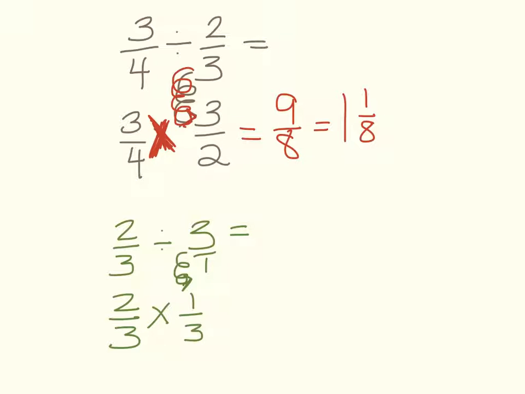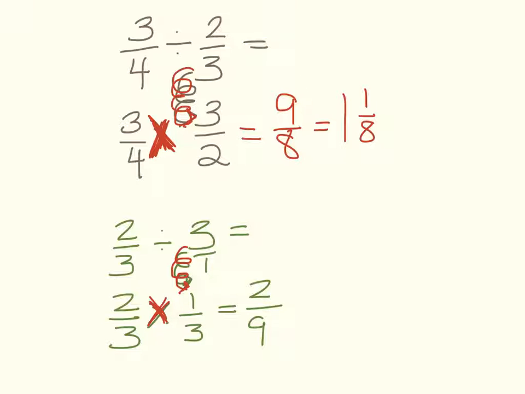And multiply. 2 times 1 is 2, 3 times 3 is 9. So again, to divide a fraction, flip the second and multiply. If you can remember that statement, you'll be able to divide any two fractions.